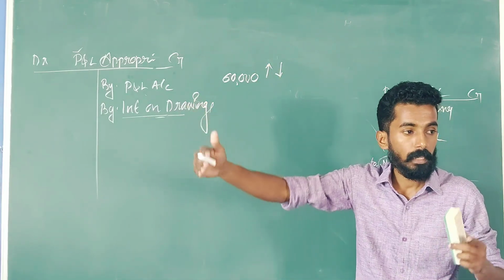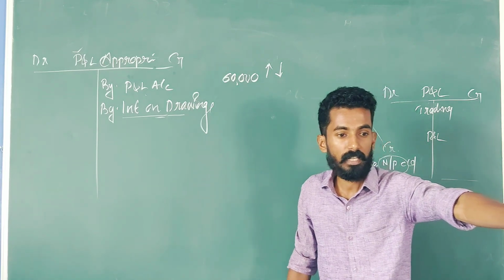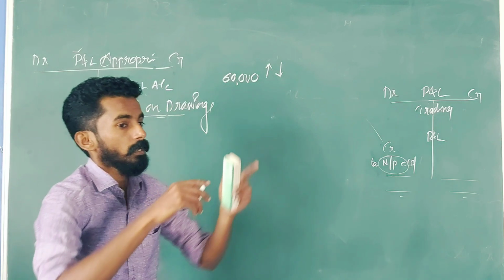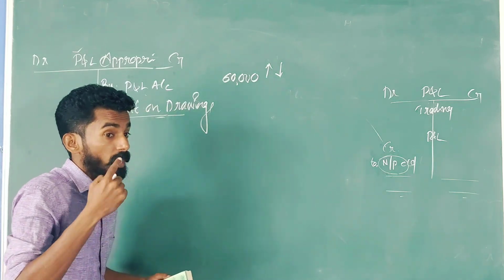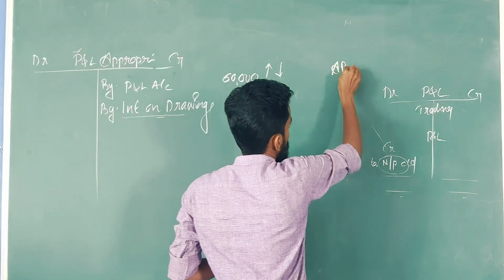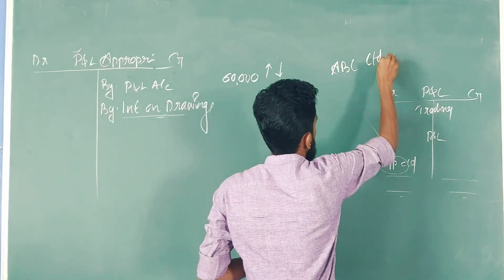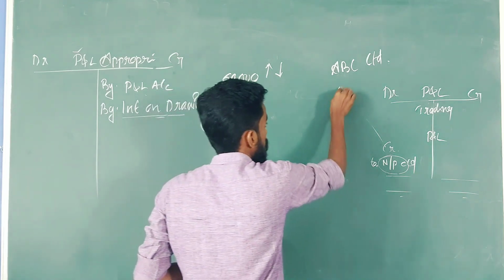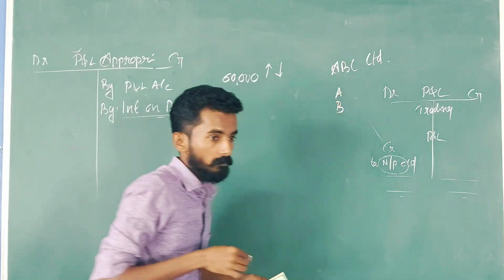In the absence of partnership deed, yesterday we clearly studied that no interest is to be charged on capital, but interest on drawings is to be charged. Correct? The partnership firm, suppose ABC Limited, is going to charge from partners. Imagine A and B are partners.